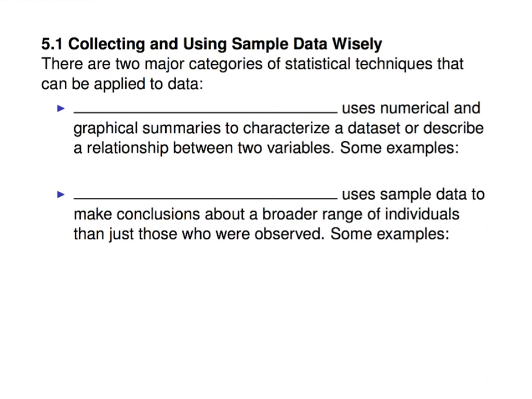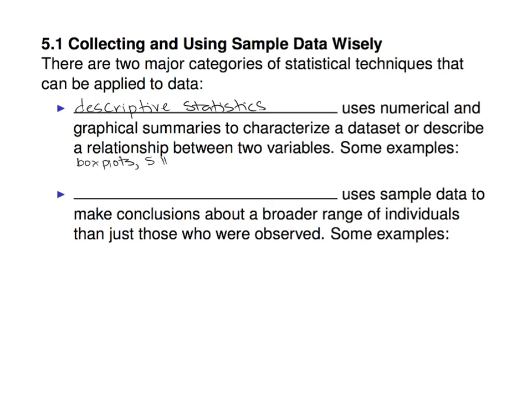So there are two major categories of statistical techniques that can be applied to data. The first is called descriptive statistics. In this, you use numerical and graphical summaries to just describe your data. Some examples of descriptive statistics could be things like box plots. We made some of those.